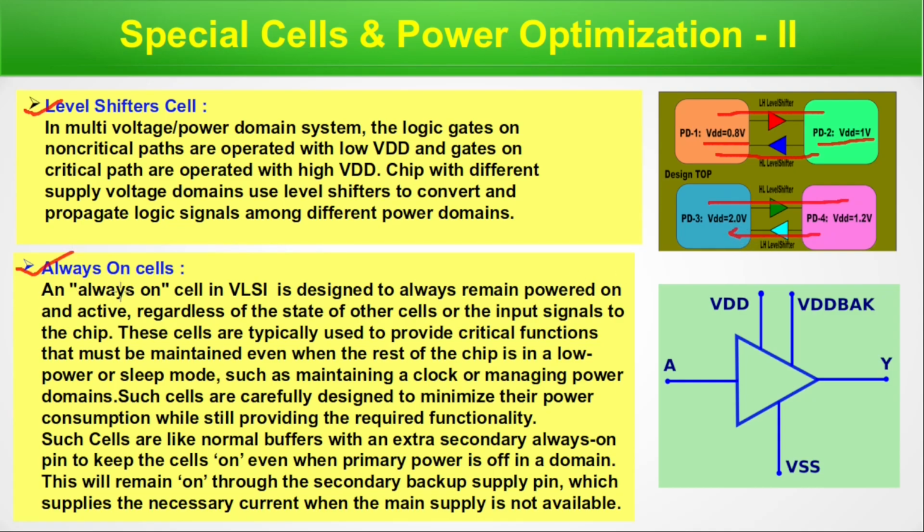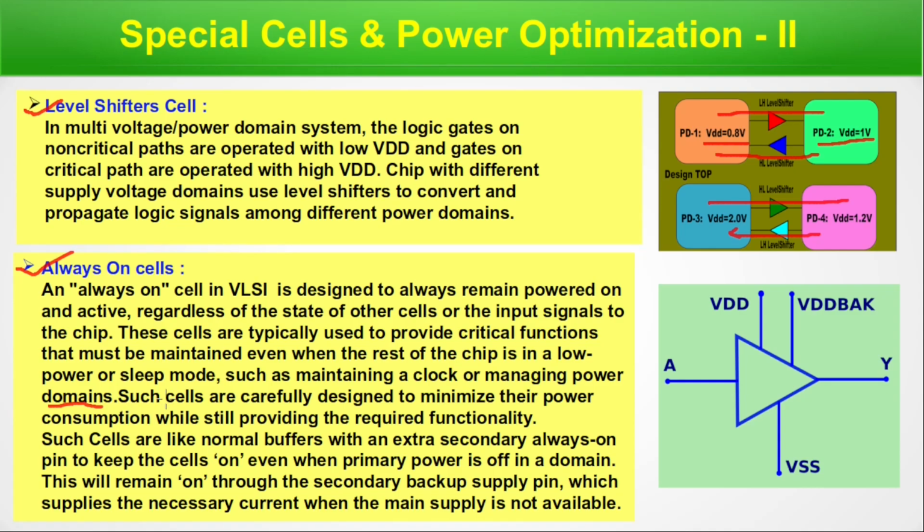Another one is always on cell, and an always on cell in VLSI is designed to always remain powered on and active, regardless of the state of the other cells or input signal to the chip. These cells are typically used to provide critical functions that must be maintained even when the rest of the chip is in low power or sleep mode, such as maintaining a clock or managing power domains. That's the most important part, so that part has to be always powered on.